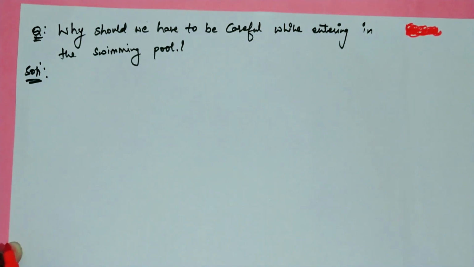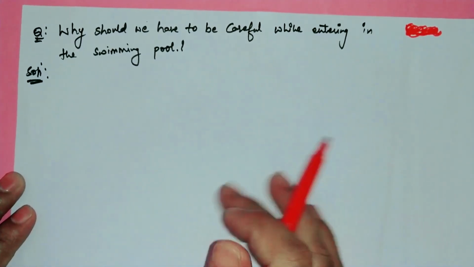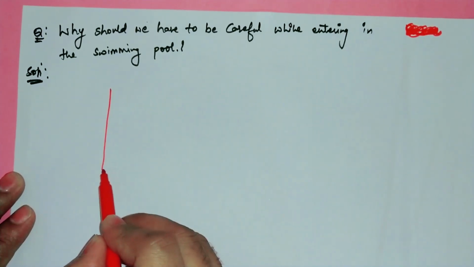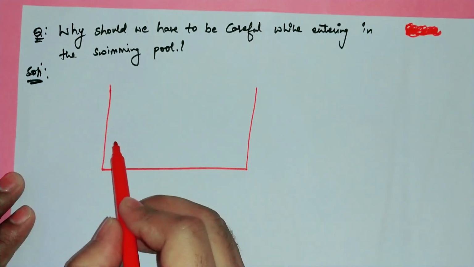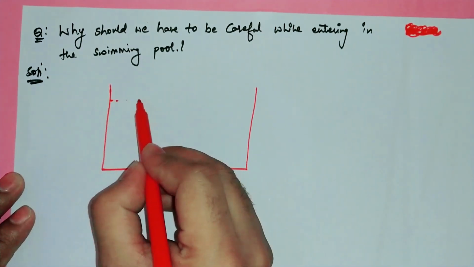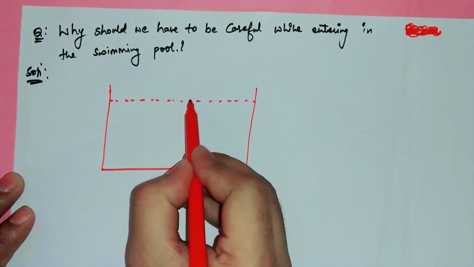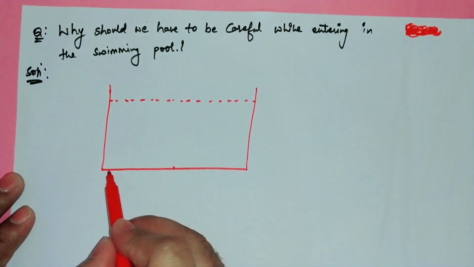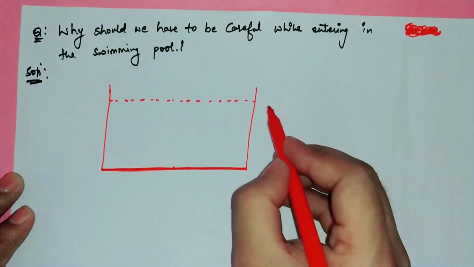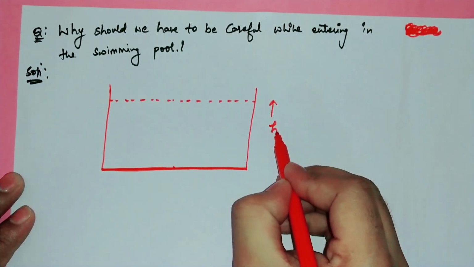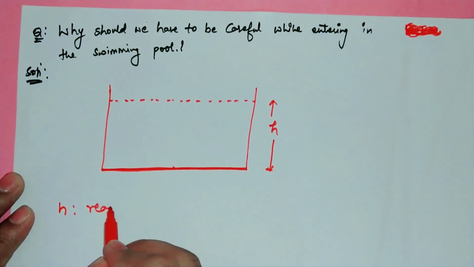Whenever we go to the swimming pool, suppose this is our swimming pool, this is the bottom, and this is the water level. This is the depth. Let this height be h, where h is the real depth.